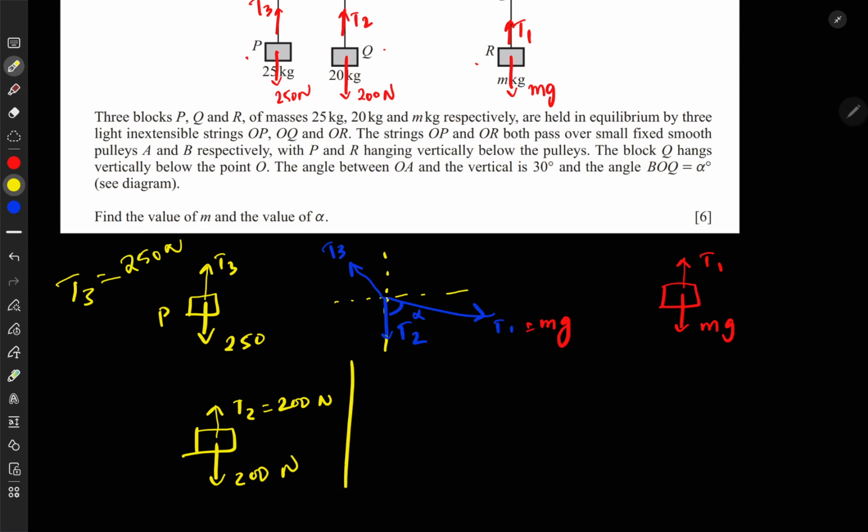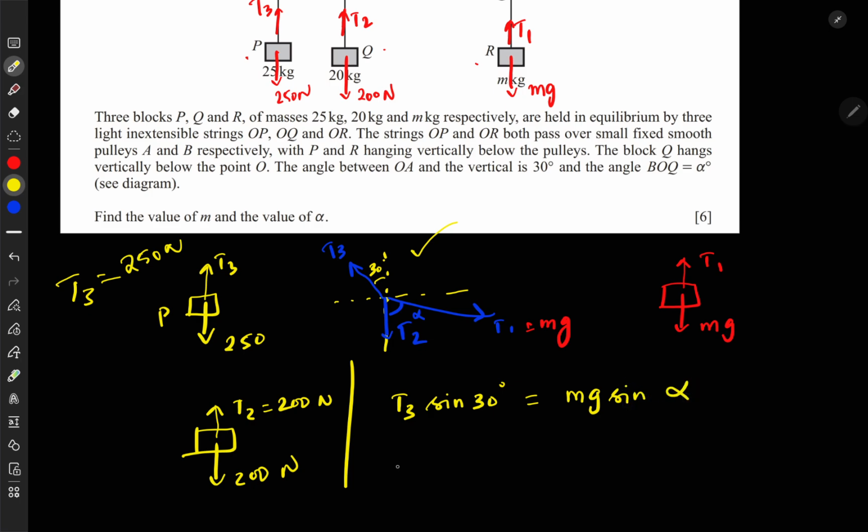Now for this one we will consider T3, which is at 30 degrees, right? T3 sine 30, the horizontal components I'm taking, is equal to T1, which is mg sine alpha.